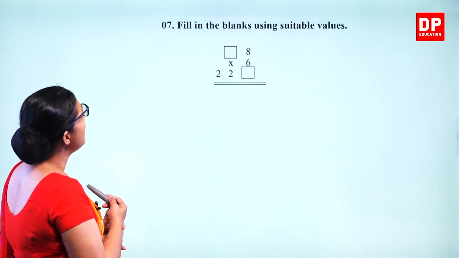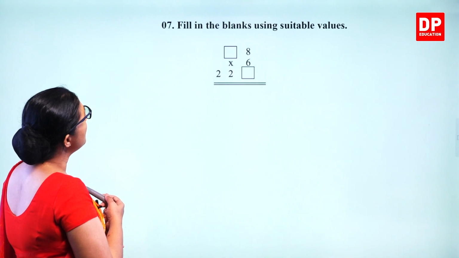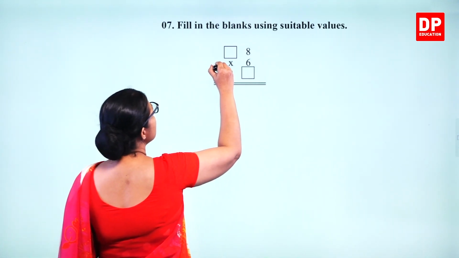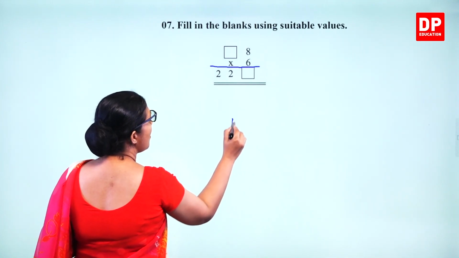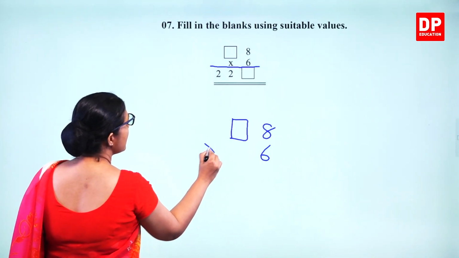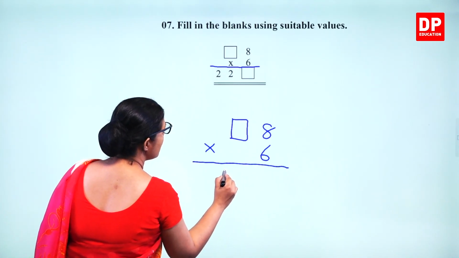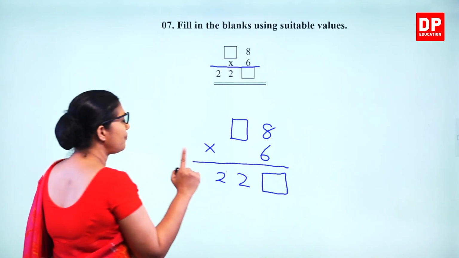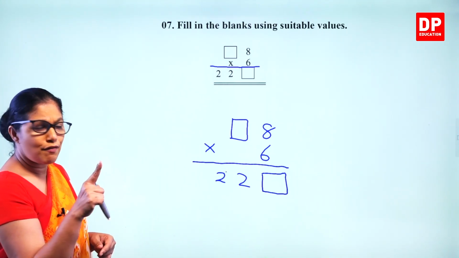Question number 7. Fill in the blanks using suitable values. So this is multiplied by 6 and this is the answer. So I'll write down 0 something 8 multiplied by 6. The answer is 2, 2 something. So 6 times 8, 48.